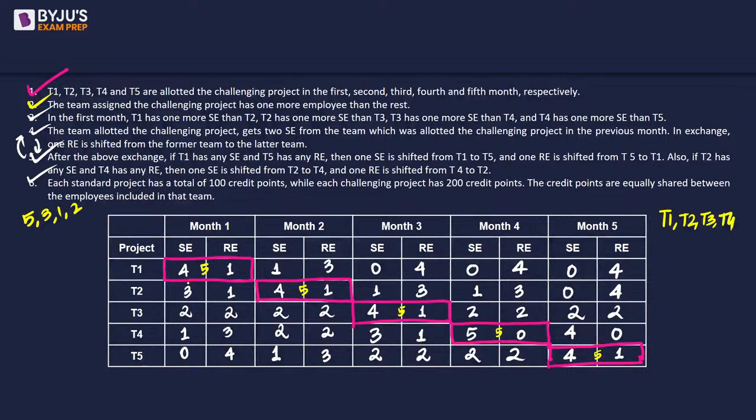So Anik, suppose he is one of the 4 SE guys, who is moved to the next project, which is a challenging one in T2. Then he's again moved to the next project, which is the challenging one in T3. He's again moved to the next project, which is the challenging one in T4. So he can get a maximum of 200 points, right? So very much possible. The next is 3 is missing. So T1, T2, T4 and T5.